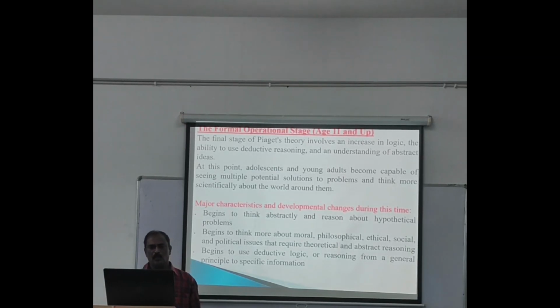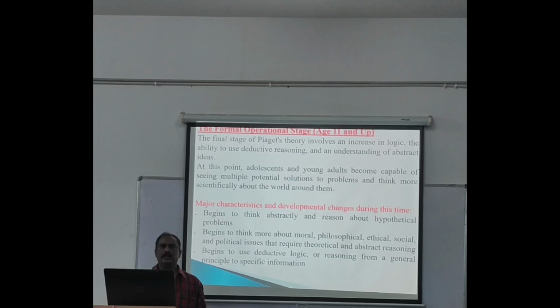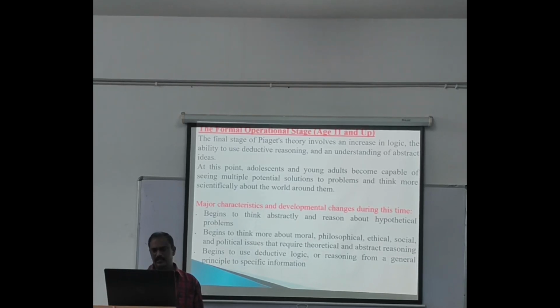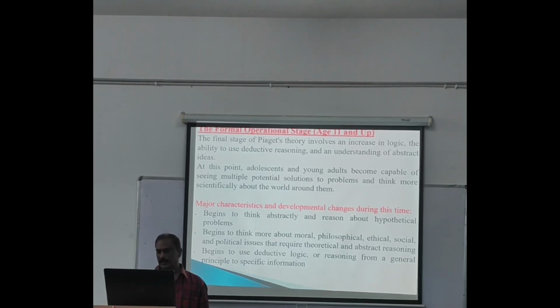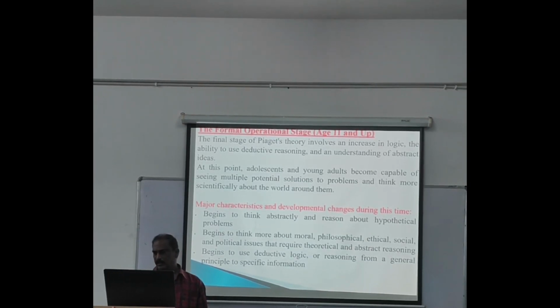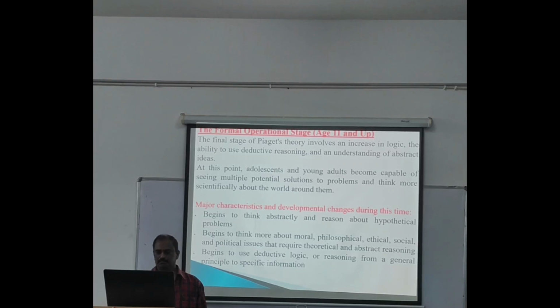So, we need to develop moral values, philosophical, ethical values, and at this stage we need to tell our children, our students, about our country. So, patriotism should be developed in this stage, which remains throughout their beautiful life.